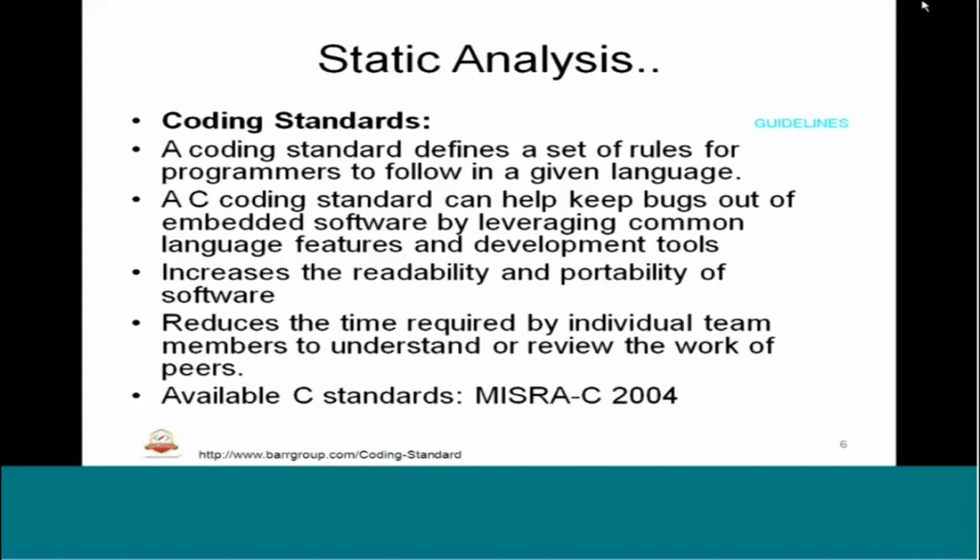Guidelines will be there, and we have rules, which is very much mandatory. Guidelines are something like not mandatory but recommended or optional, something like that. Okay, so that needs to be followed during the programming.